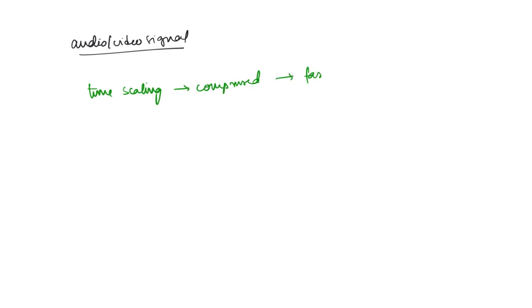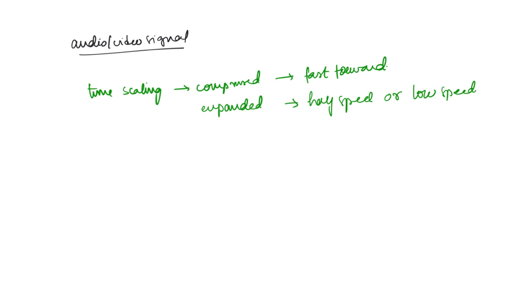Okay, this is fast forward. Let us say you're running it at half speed. Okay, then that is going to be time scaling but an expanded version. Half speed or slow speed. Okay, half speed means t by 2 you are doing.